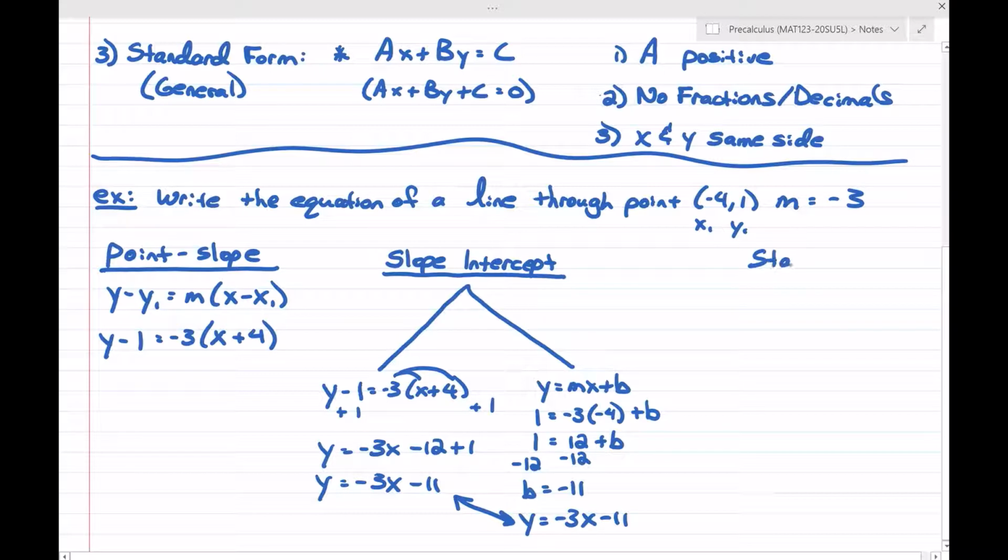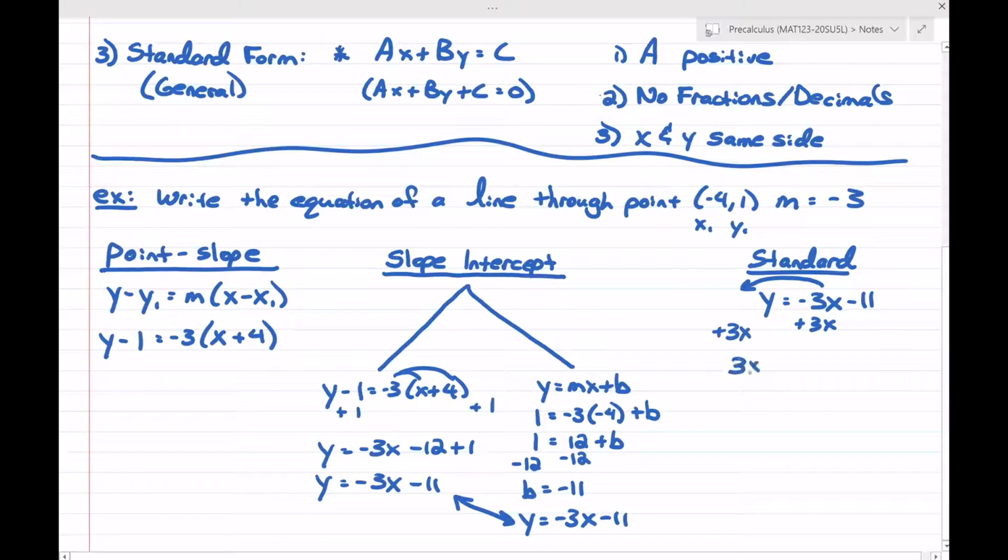And then the last form, let's get it in standard form. Now you can't just go from a point and a slope to standard form. You have to take one of the other forms and rearrange it. So we could take point slope, we could take slope intercept, it doesn't matter. Let's just take y is equal to -3x minus 11. We want the x and the y on the same side, so I'm going to add 3x to both sides.